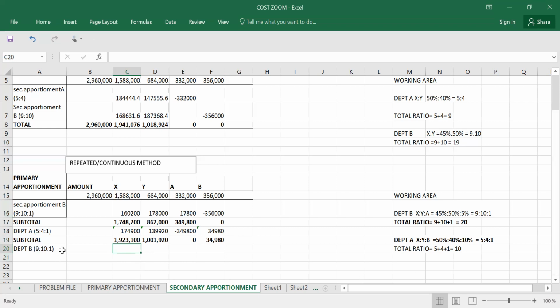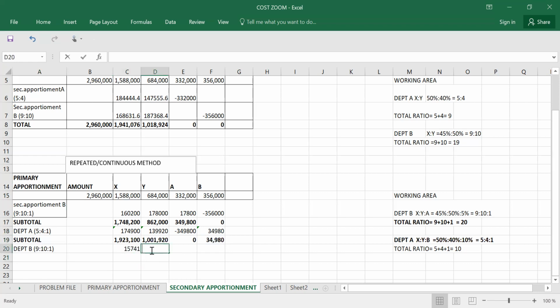Again, we're just saying that 9 divided by the total, which is 20. So we are repeating this process here, so long as it is distributing. Now, times, you see, it is B distributing. So this is the figure it is distributing. So we say times that. And that's what we have.